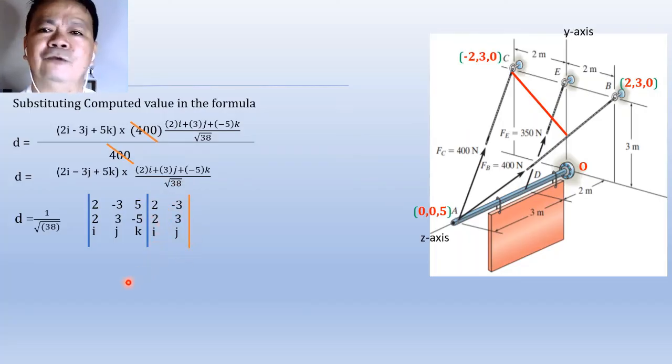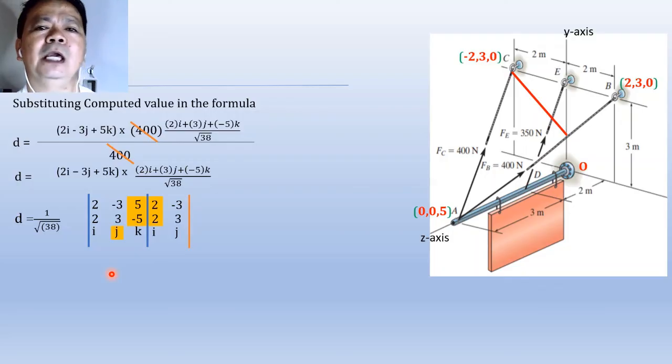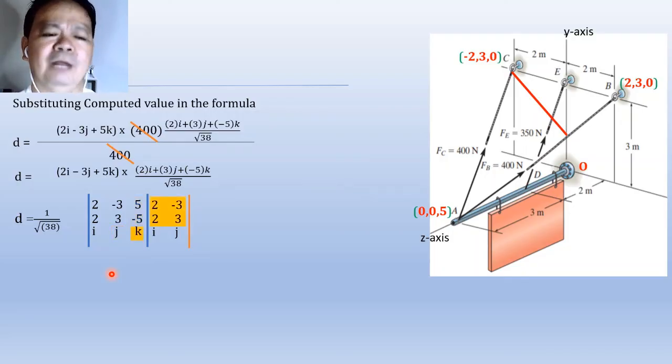To compute the coefficient of i, we simply consider these two elements, that shaded portion. For j, we consider this one, and for k, these elements will be the coefficient of k.